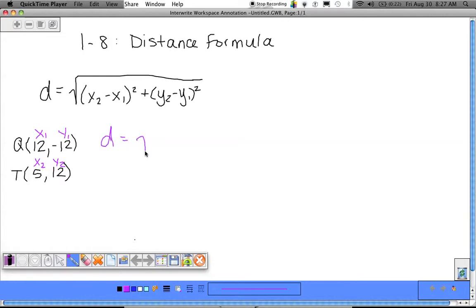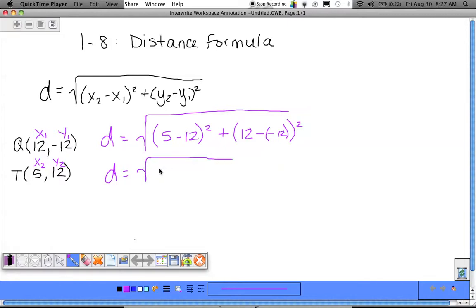So we have d is equal to the square root, so we're going to have 5 minus 12 squared plus 12 minus negative 12 squared. So 5 minus 12 is negative 7, so negative 7 squared, plus, and the 12 minus negative 12 becomes plus 12, so that turns into 24 squared.